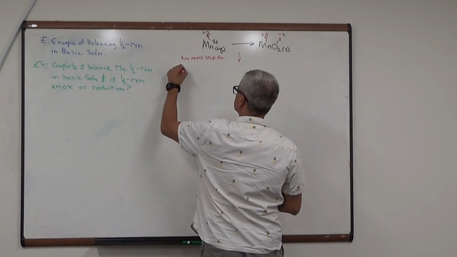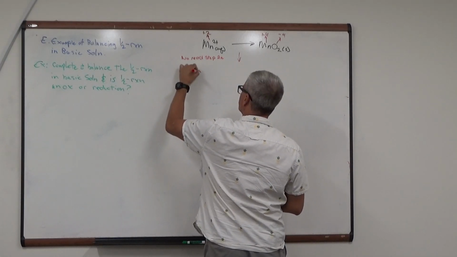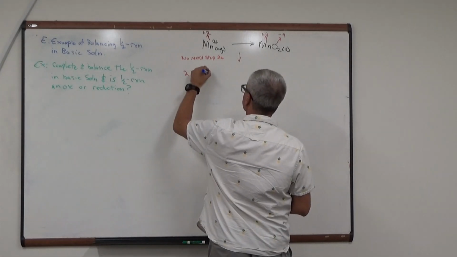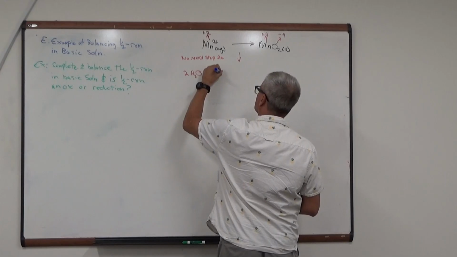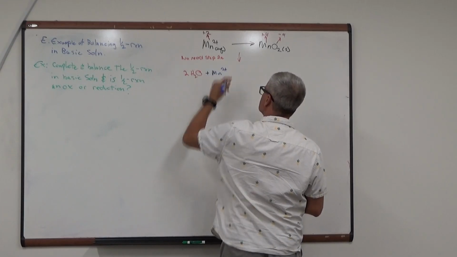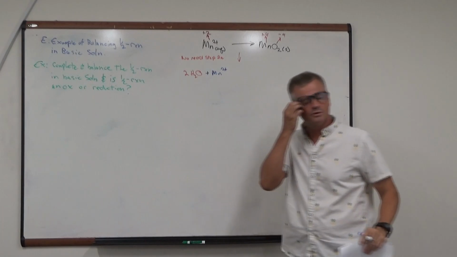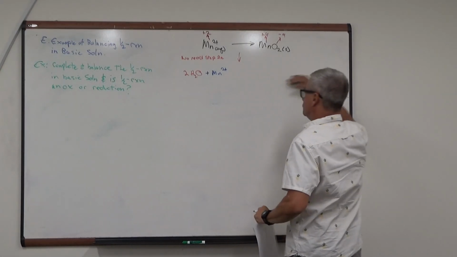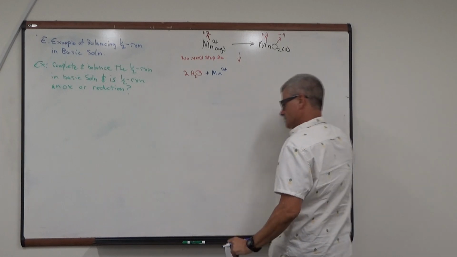So 2H2O plus Mn2 plus. And obviously, when you're doing these problems, you don't necessarily have to do one step, rewrite the equation, another step, rewrite the equation.